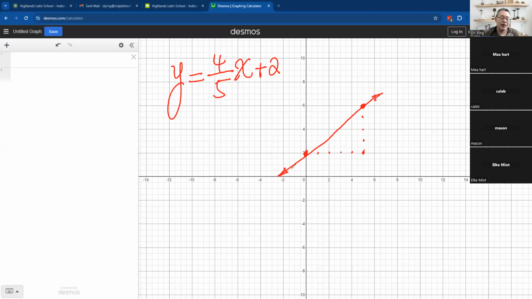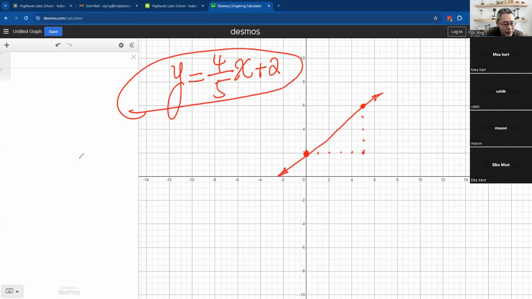So now, knowing a function and graphing it is actually pretty straightforward. You either find 2 points, use the table, or based on the slope-intercept form, we start at the y-intercept, then we just go rise over run, how many run, how many rise, then we find the second point, then we just graph it.